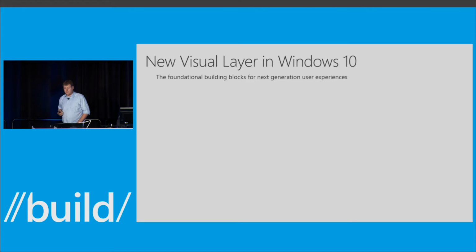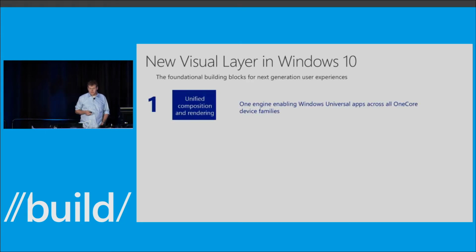So what does the visual layer deliver? Well, the first thing is the visual layer is built on a unified compositor that powers your universal Windows apps. This enables you to build a continuum of experiences across all the OneCore device families.